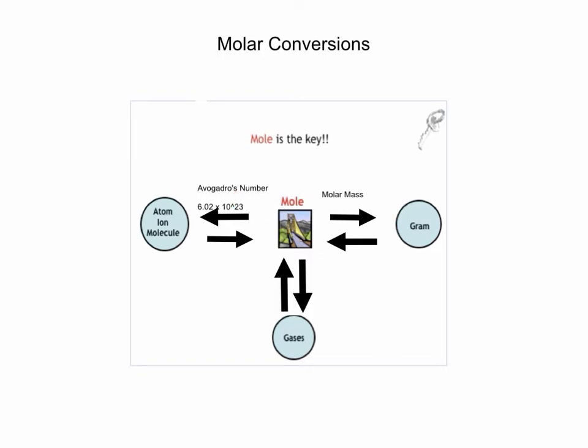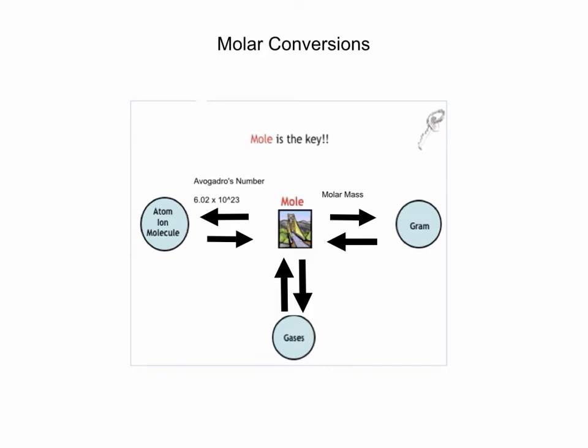And all that little caret, this little triangle here, means is 10 to the 23rd power, that the 23 is a superscript. And we also need a conversion factor between moles and gases.